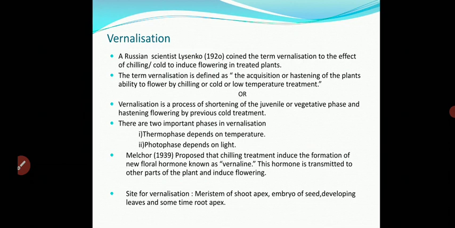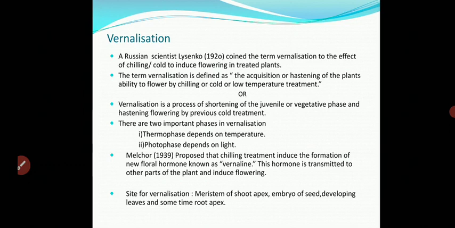The biennial grows vegetatively in the first season and will not flower until it is exposed to a prolonged period of low temperature in winter. Many other crops like wheat, rye, etc. require the cold temperature of winter to initiate flowering.